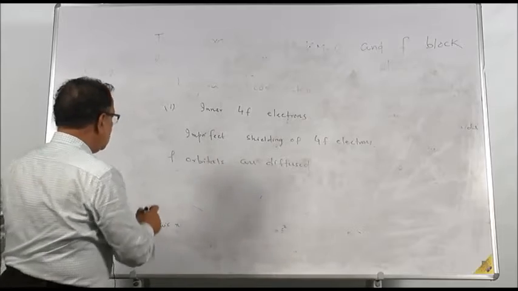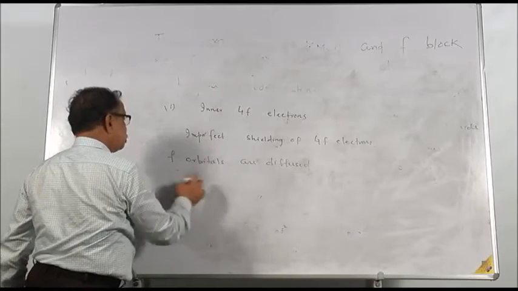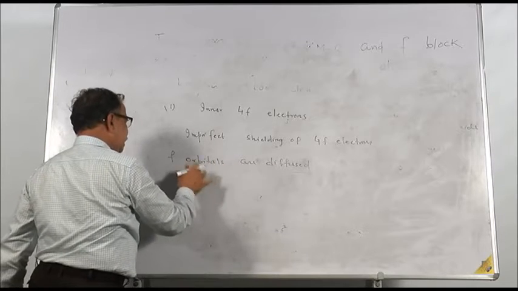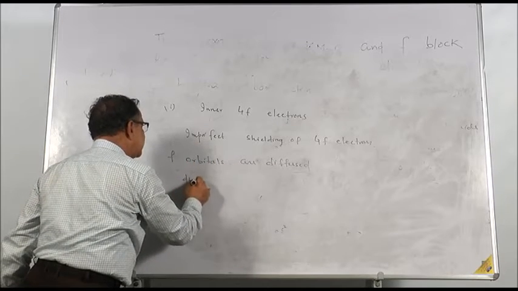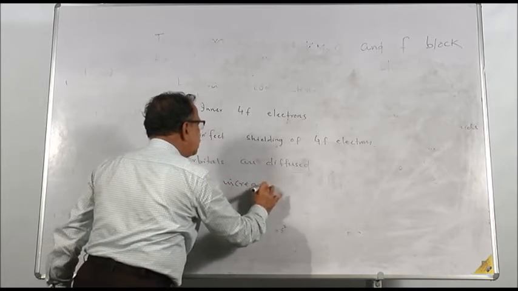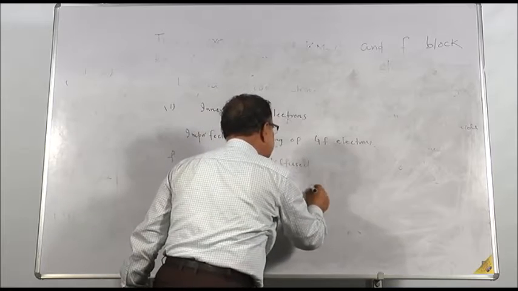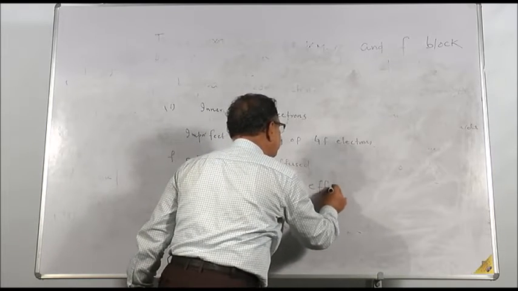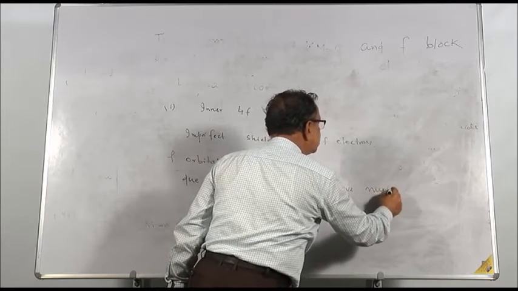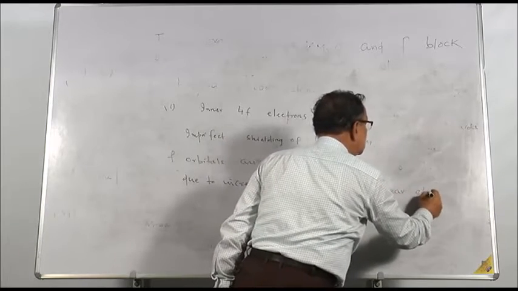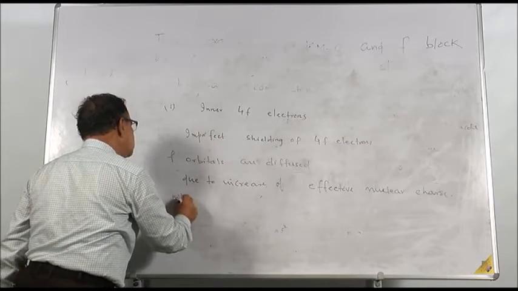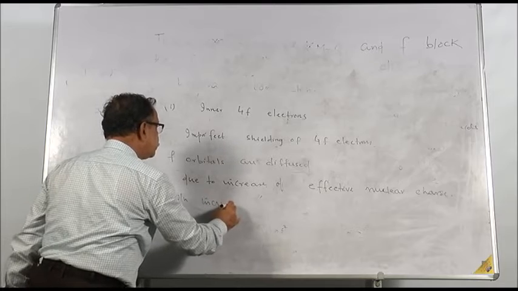the nuclear charge goes on increasing, but the size gradually decreases because the force of attraction increases due to the increase of effective nuclear charge with increase of atomic number.